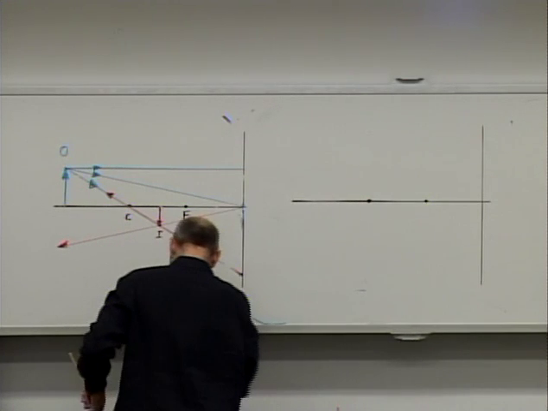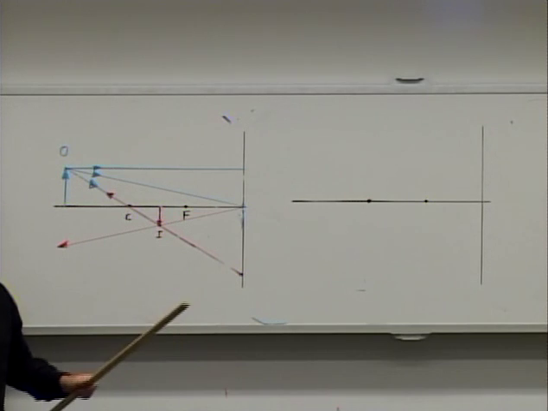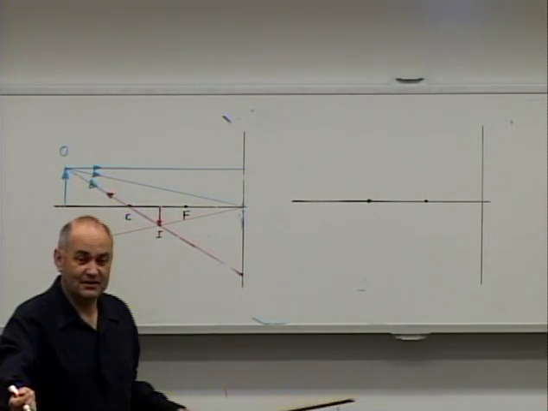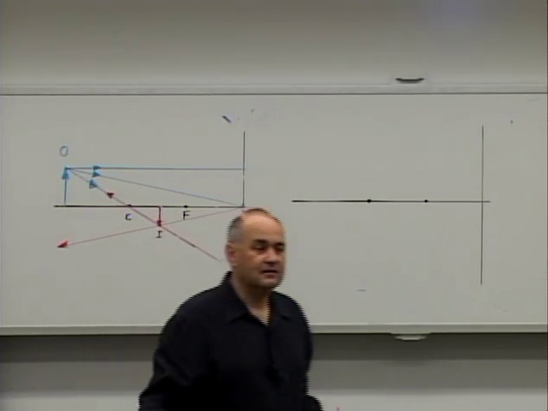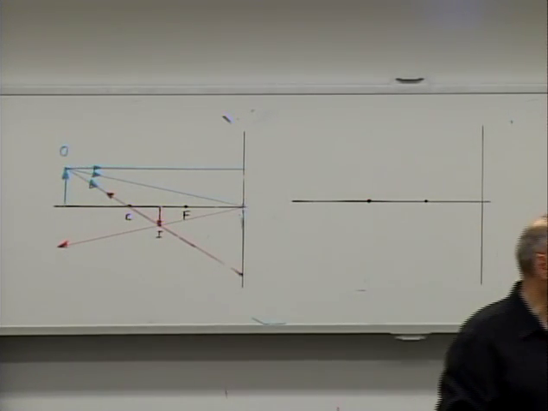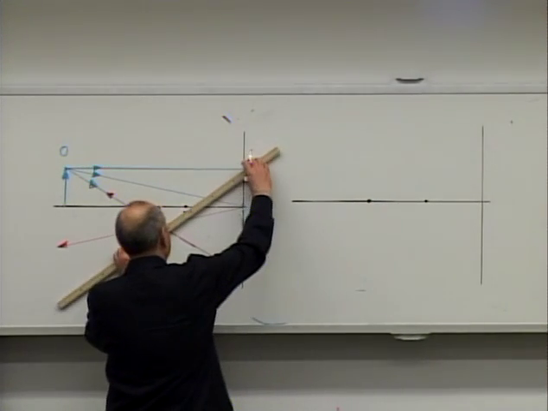After reflection, the object parallel ray becomes, Vincent, image, not parallel. Yes, Mike? Image focal. It will pass through the focal point.